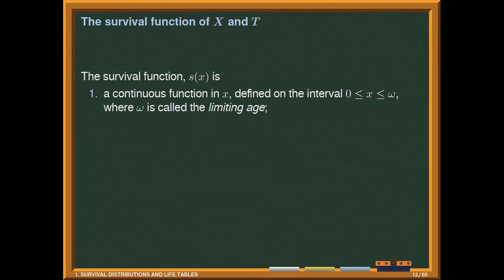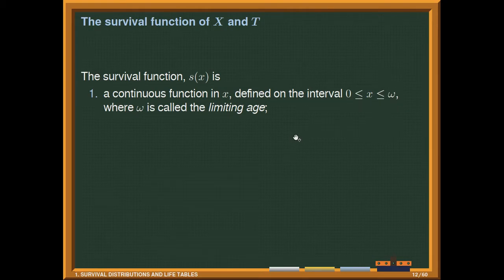So, let's now relate the survival functions of the random variables X and T. Given the survival function of X, which we denoted by s of x, we note the following. This is a continuous function in x and must be defined in the interval x greater than or equal to 0 and less than or equal to omega, where omega is called the limiting age. Clearly x cannot be negative, nor can it be bigger than omega.